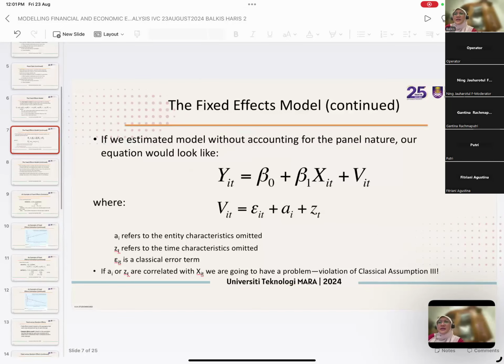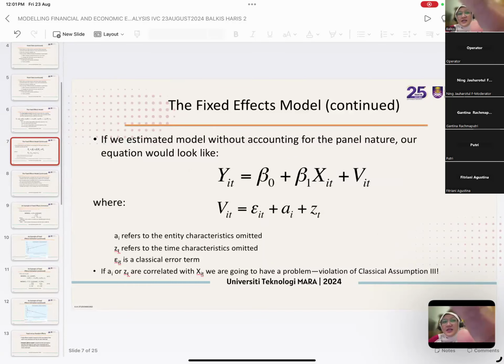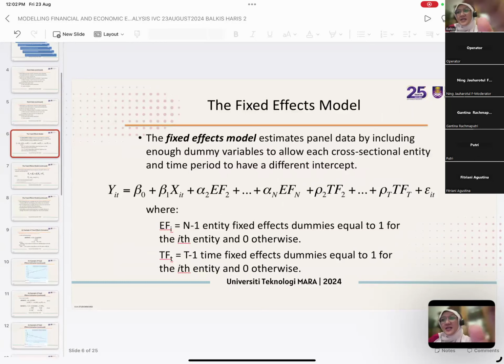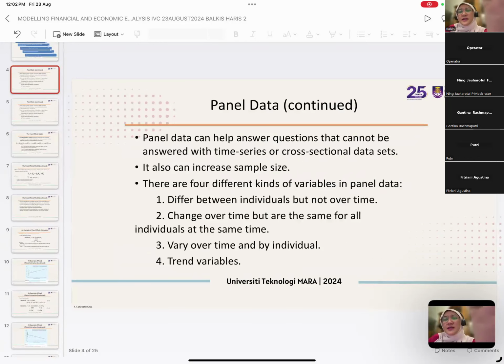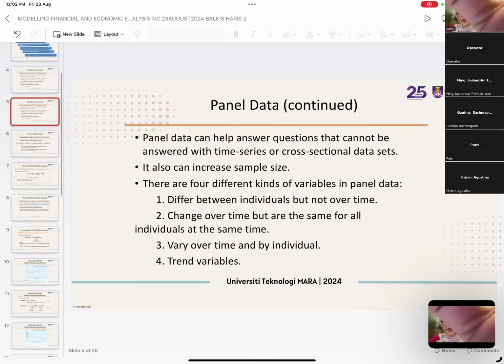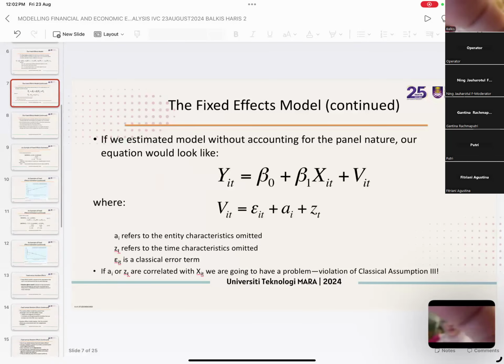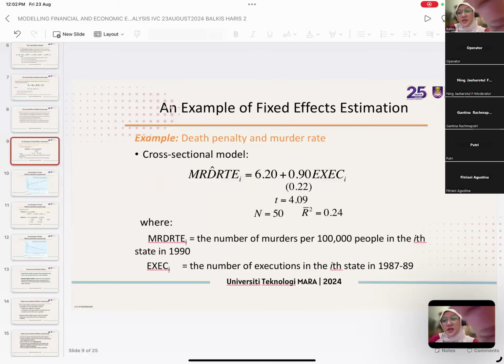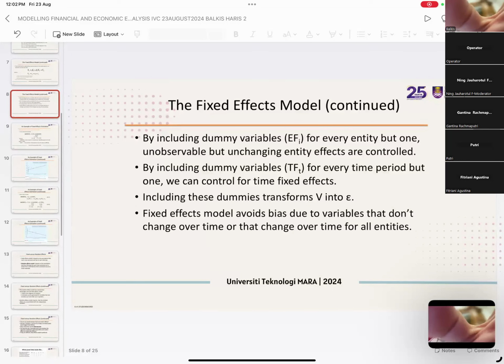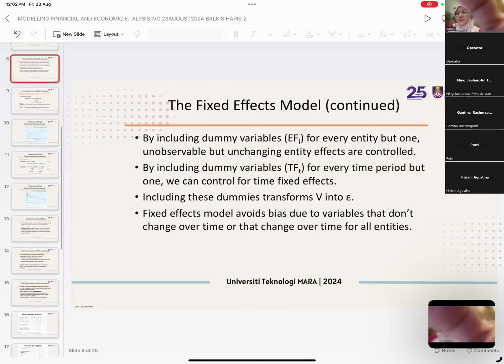If you look at the fixed effects, it clearly says that it depends on the beta zero, including dummy beta.